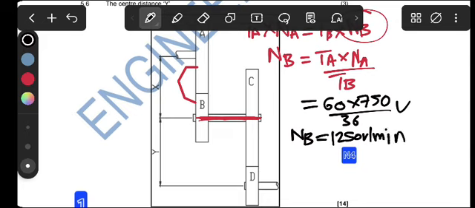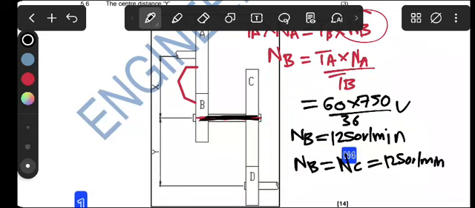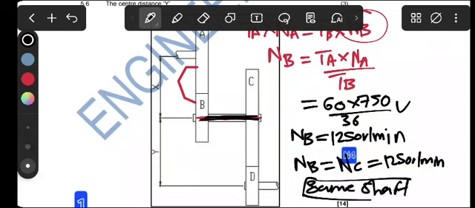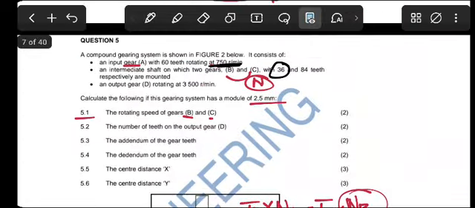However, because they are mounted on the same shaft, the speed of gear B is the speed of gear C. Likewise, this becomes 125 revolutions per minute. So this is how we go about it.